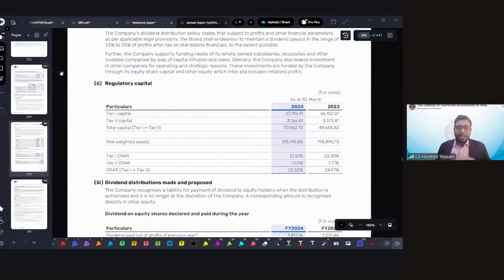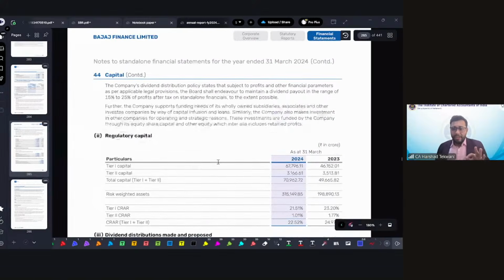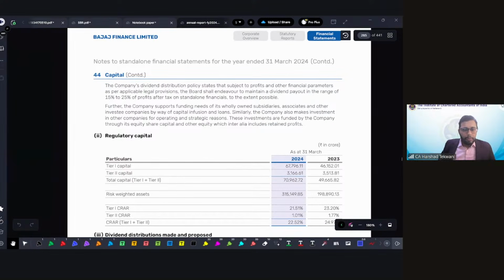See, this is a particular section, notes to accounts, which is with respect to the capital, where we are required to report on the Tier 1, Tier 2 capital.